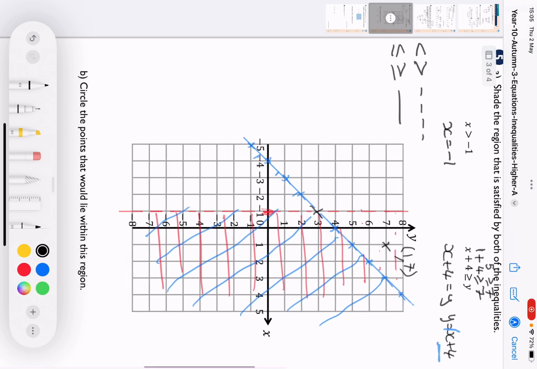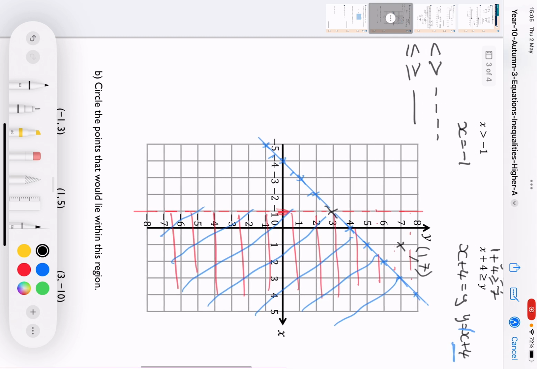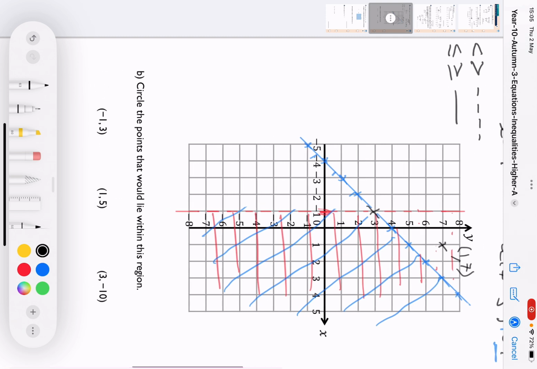If we looked at that, x is -1, and it isn't bigger than -1. So in fact, although it's on the blue line, it's on the dotted line, so it doesn't count. 1, 5, well, in this case, it does count because the blue line is equal to, and it's within the red region. So that's fine.